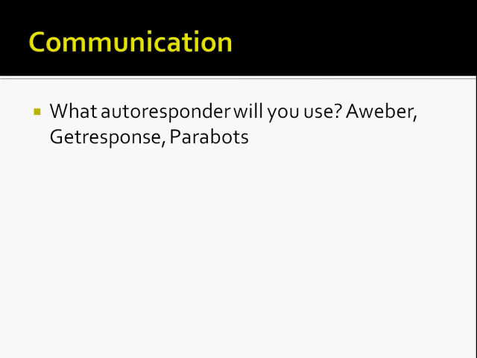But with Aweber and GetResponse, you usually can get through to them and bypass their spam folder because Aweber and GetResponse usually work with these ISPs. So that's something that you want to keep in mind.